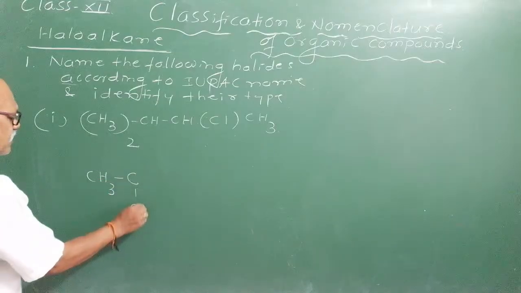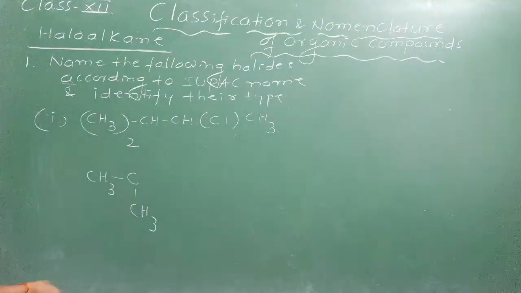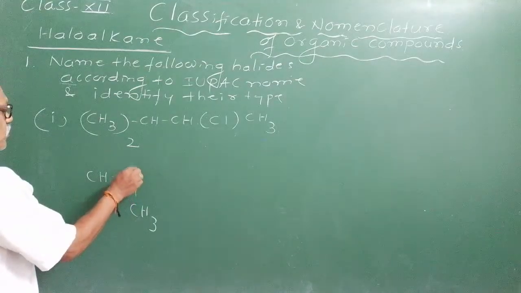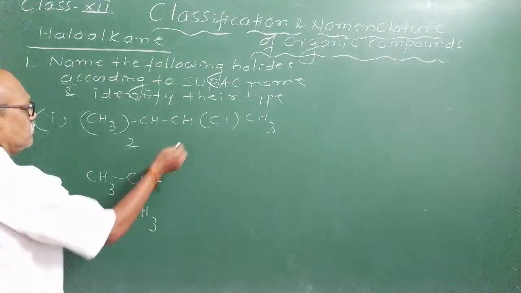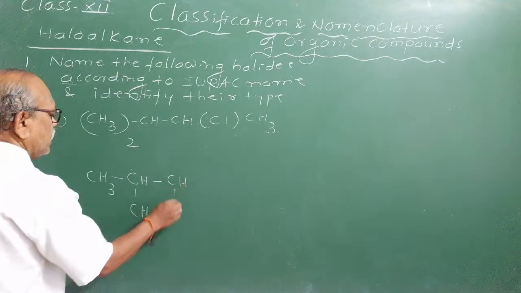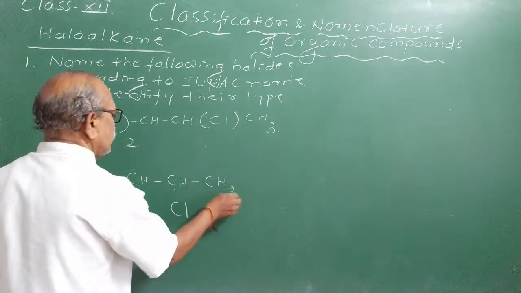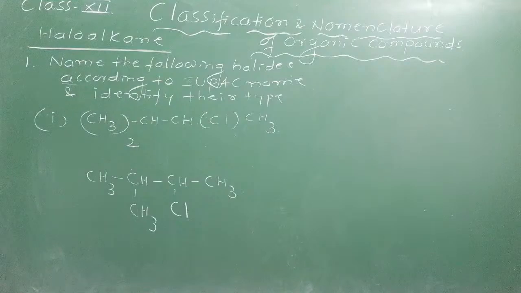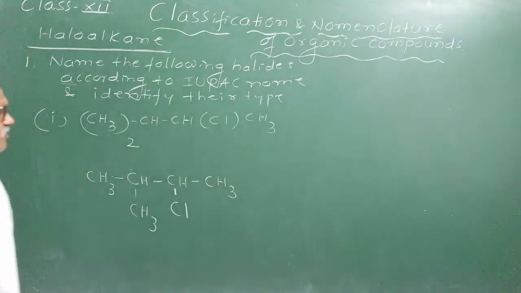Write them neatly like this. One of the valences is satisfied by H, therefore CH single bond. We will have Cl, CH, Cl and CH3. It is a saturated hydrocarbon and a monohalogen derivative. There are two substituent groups.